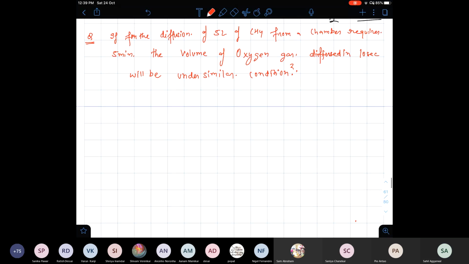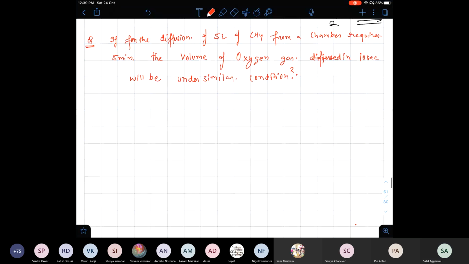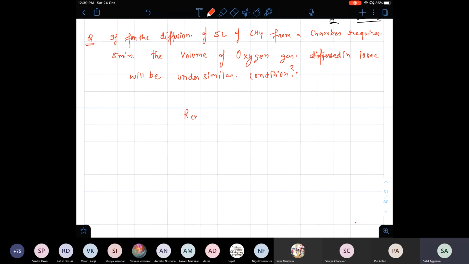Okay. Rate of methane divided by rate of the other gas, oxygen, will be equal to the square root of mass of oxygen divided by mass of methane. Now rate of methane is volume of methane divided by time, and volume of oxygen divided by time.